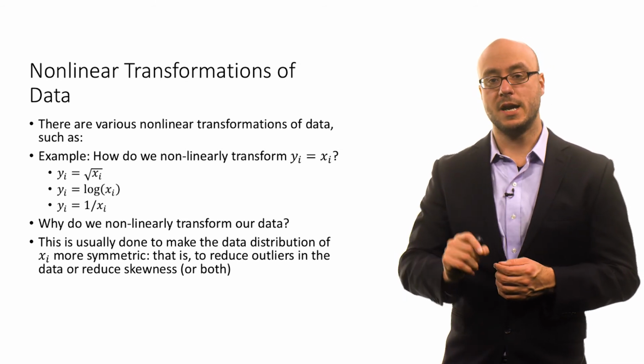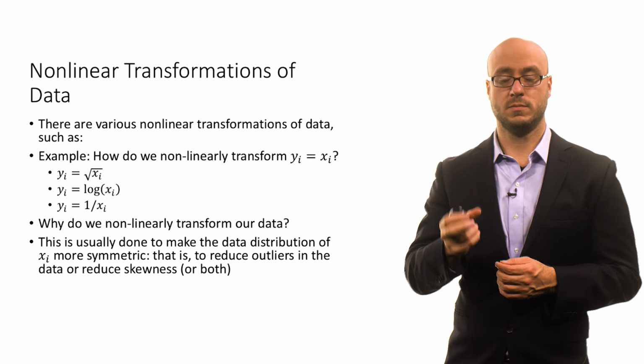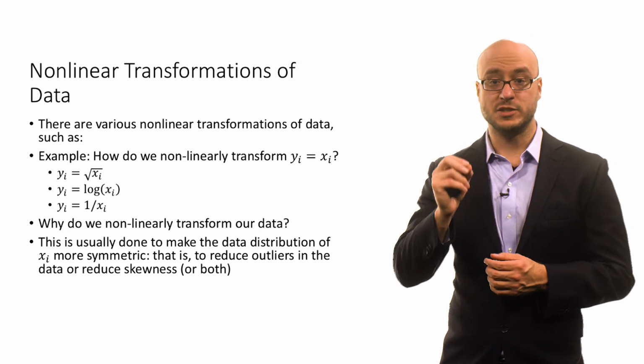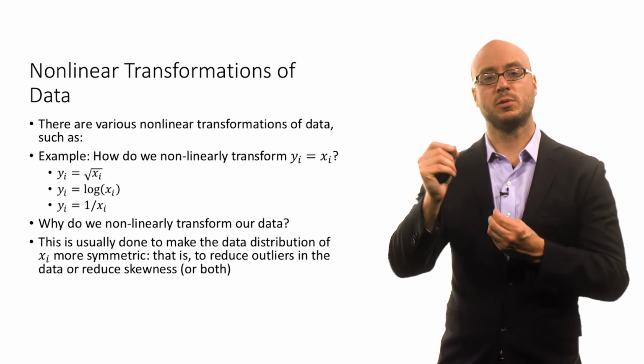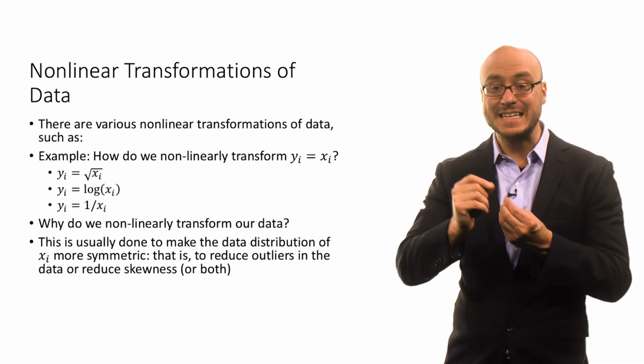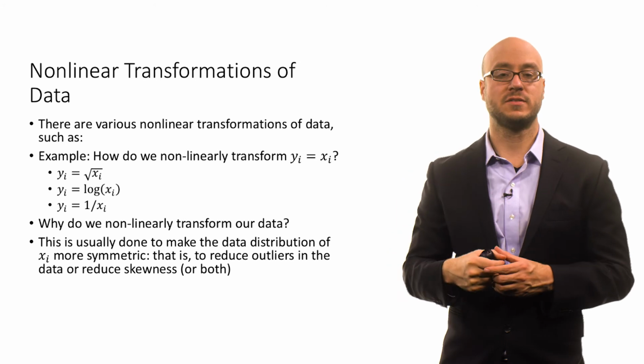So what we can do sometimes is non-linearly transform our data, that is, reduce the presence of outliers or reduce skewness, so that a nonlinear relationship appears as linear. So it is linear after we transform the data.